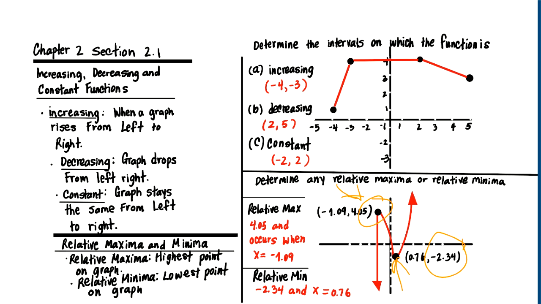And we plot things at y. So that's why it's the y coordinates. So relative min is negative 2.35. My phone was ringing. And your relative min is negative 2.35, and x at that point is 0.76. So that's how you find your relative maximum and minima.